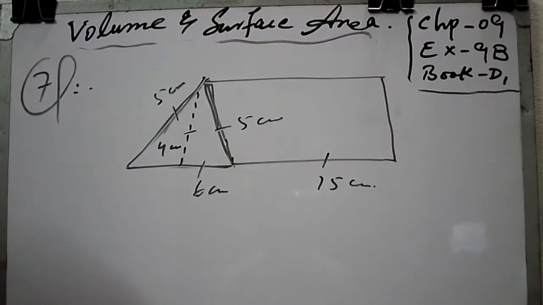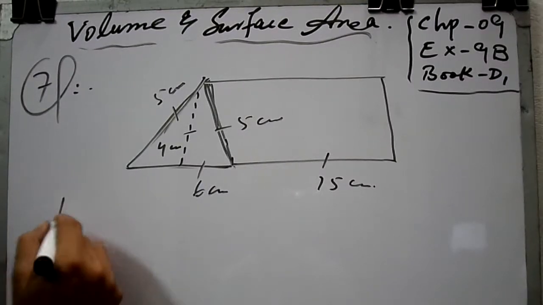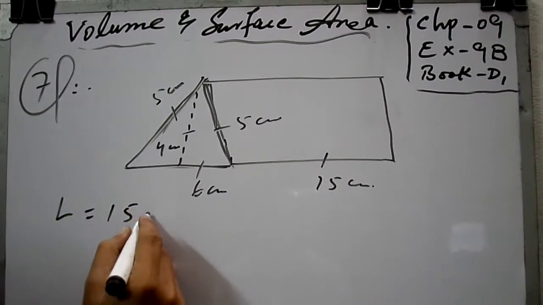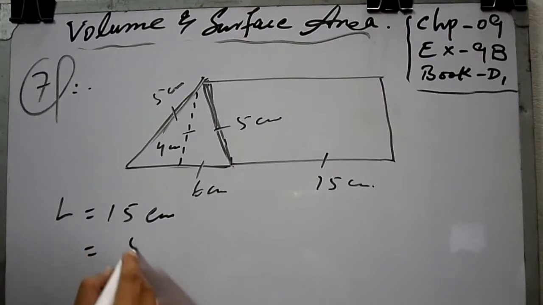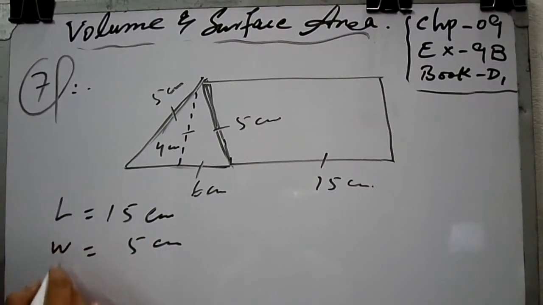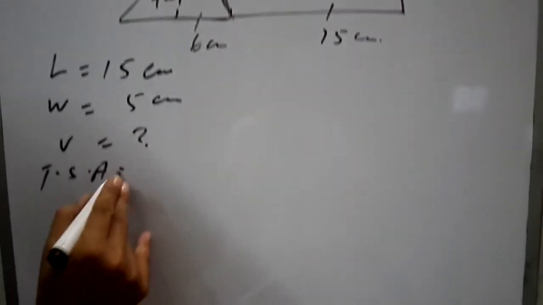First of all, you have to write the given dimensions: 15 centimeters, 5 centimeters width. Volume we have to find, and total surface area we have to find.